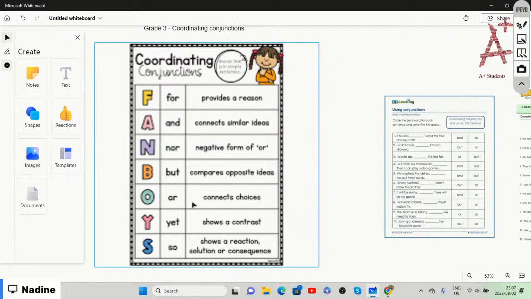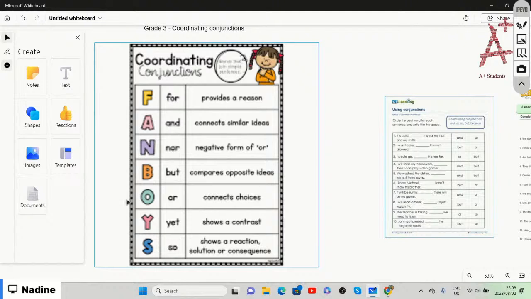Then we have or. Or connects choices. So it's like saying this or that, right? Ice cream or chocolate, right? So you need to choose between those two. Yet shows contrast, sorry, between either the words, the phrases, or the simple sentences.